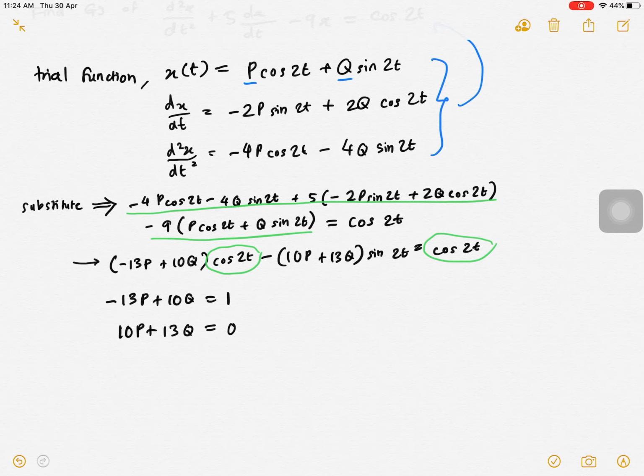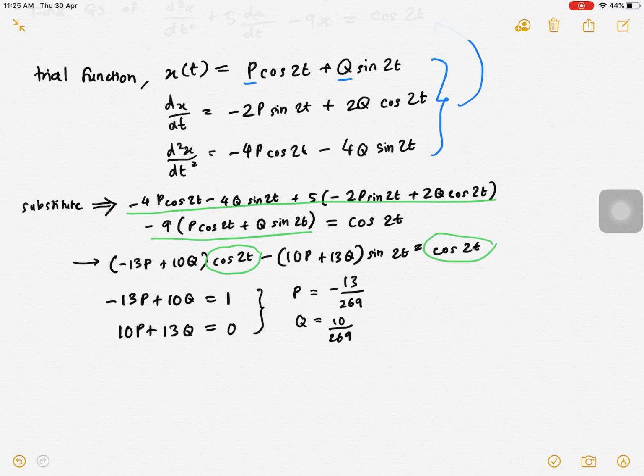Okay, so from here we can find the values of p and q. You can calculate it, and we will get p is equal to negative 13/269 and q is 10/269.